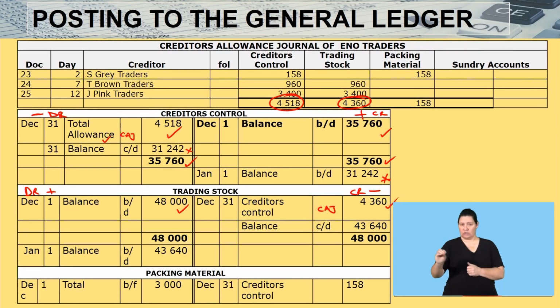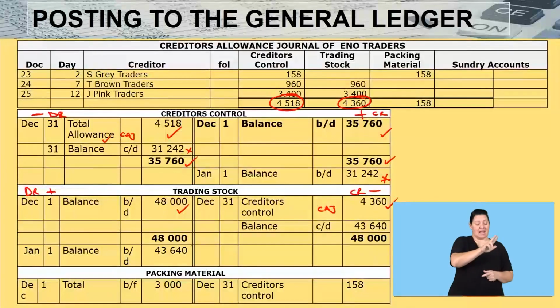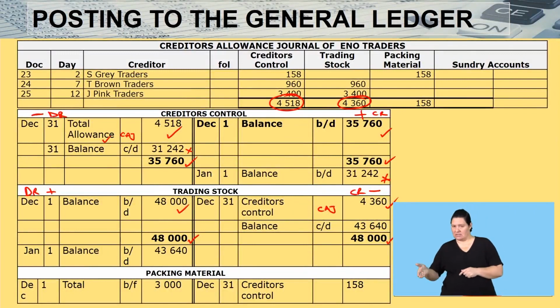That is what you then see there. Now, how do we close off a ledger account? Remember what I said, the side with the highest amount, 48. So I'm going to have my 48 here, another 48 there also. Then how do you get this 43,640? You simply say 48,000 minus the 4,360. And then you end up with your 43,640.